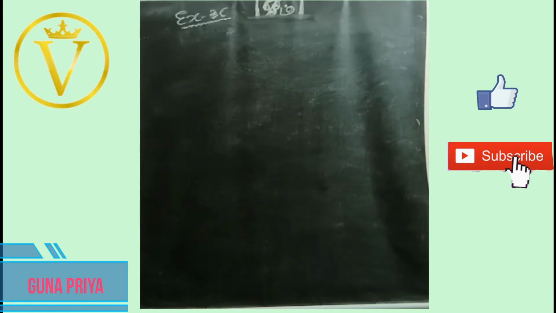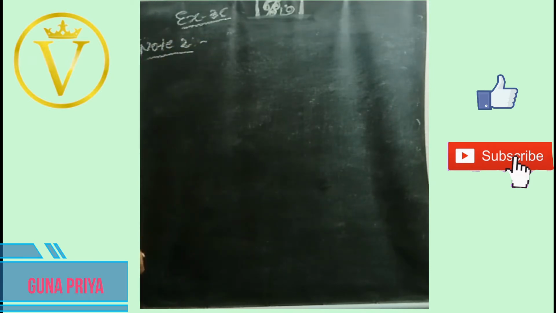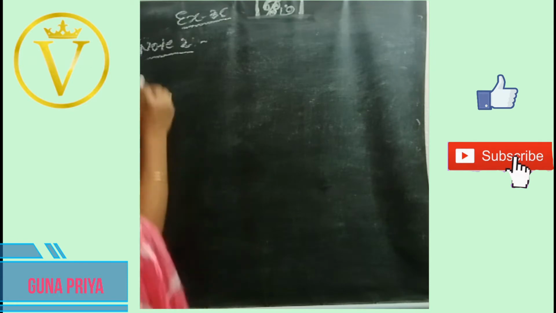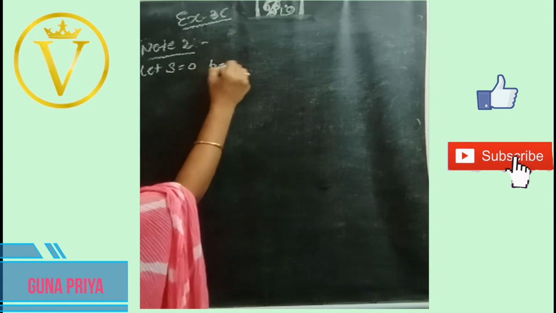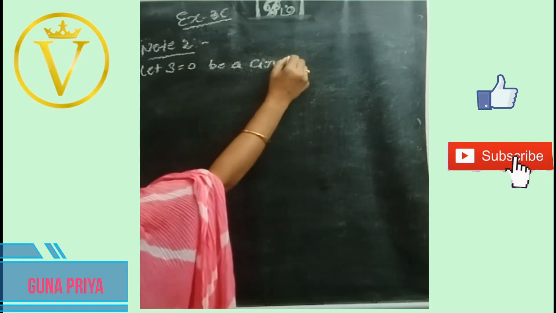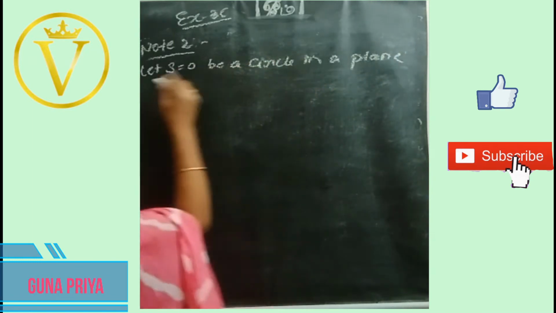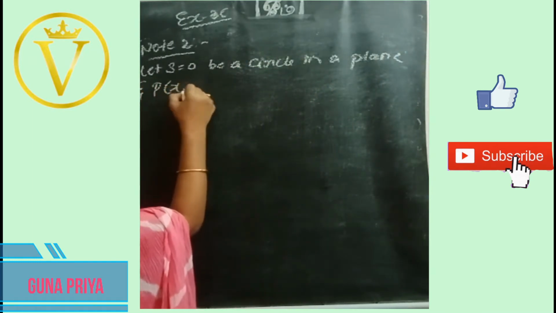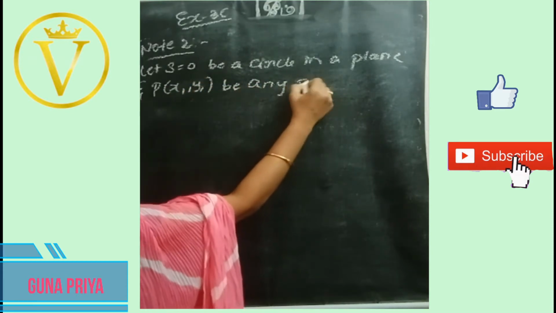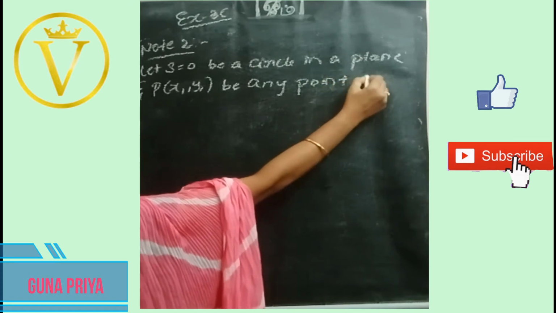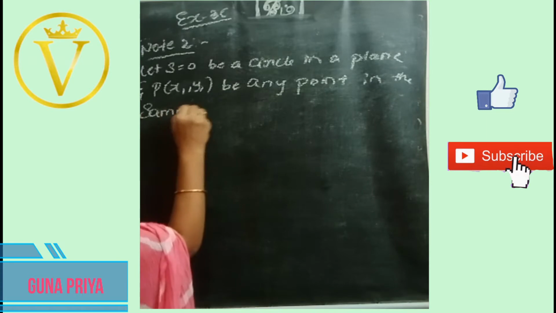Another note, that is note 2. Before we have discussed note 1. Let S equals to 0 be a circle in a plane and P of x1 comma y1 be any point in the same plane.